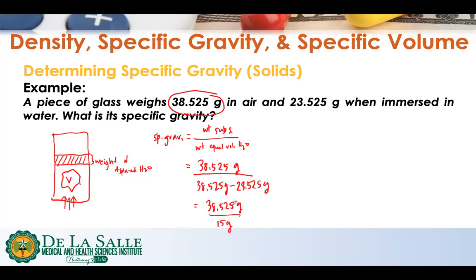So we can just divide 38.525 grams by 15, and we get an answer that is equal to 2.57. And that is the specific gravity of the piece of glass. Now take note that the specific gravity is greater than 1, so we are sure that the piece of glass is indeed heavier than water.